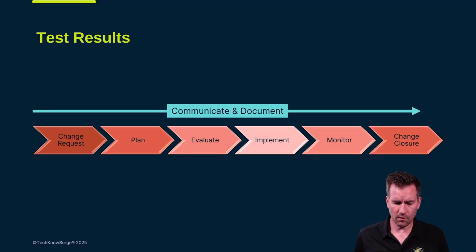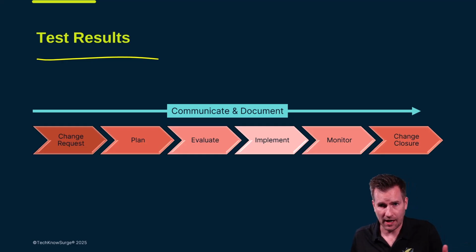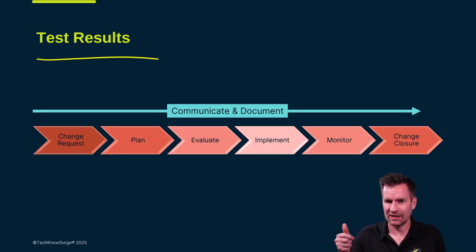All right, then we want to take a look at test results. So what are test results? Well, during this process, as we are implementing and changing things, we're trying to make a change, so there is going to be something measurably different at the end of it. Well, what is that going to be?